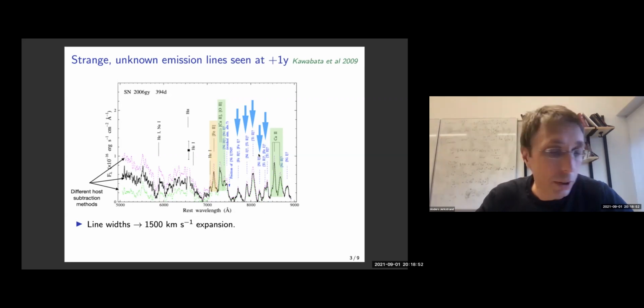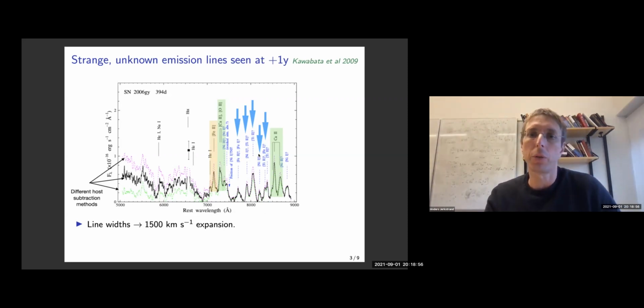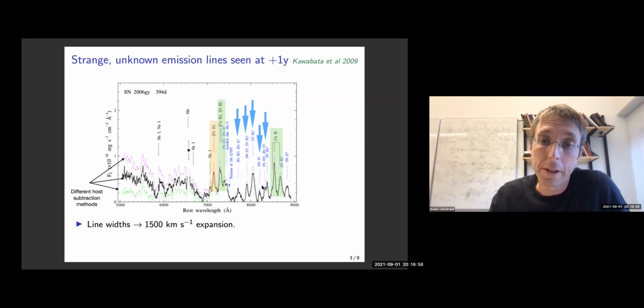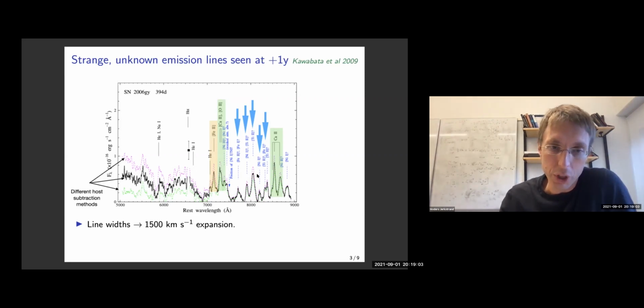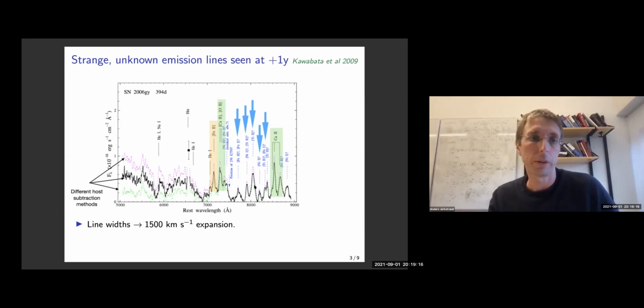So up until last year, we were stuck actually. We clearly had some kind of smoking gun signature here, and no one could figure out what we were looking at, even which element we were looking at. The only thing we knew was that the material of the supernova was expanding with about 1,500 kilometers per second from the Doppler broadening of the lines.